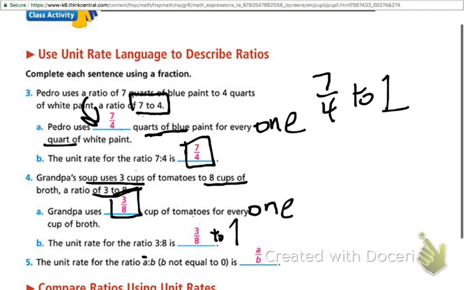So the unit rate for any ratio is A over B, right? The first part of the ratio over the second part of the ratio, if B is not equal to 0, which is not common in ratios anyway. But if we divide by 0, as I told you, then 2 is equal to 1, and it doesn't work. So that's why you have to say that.